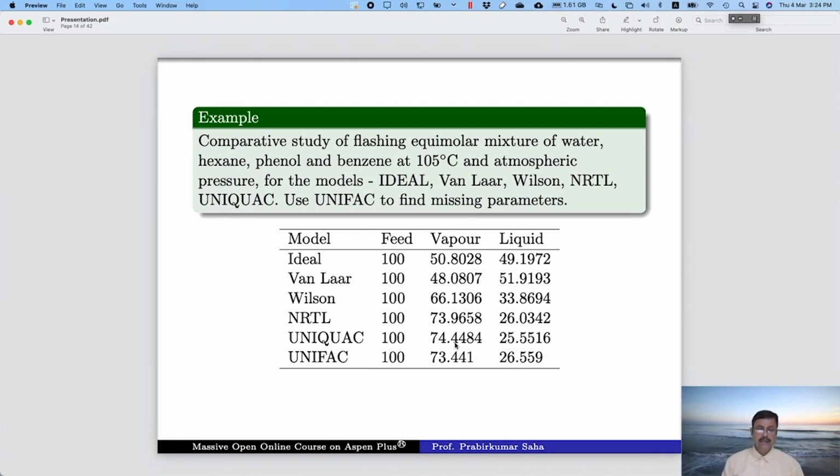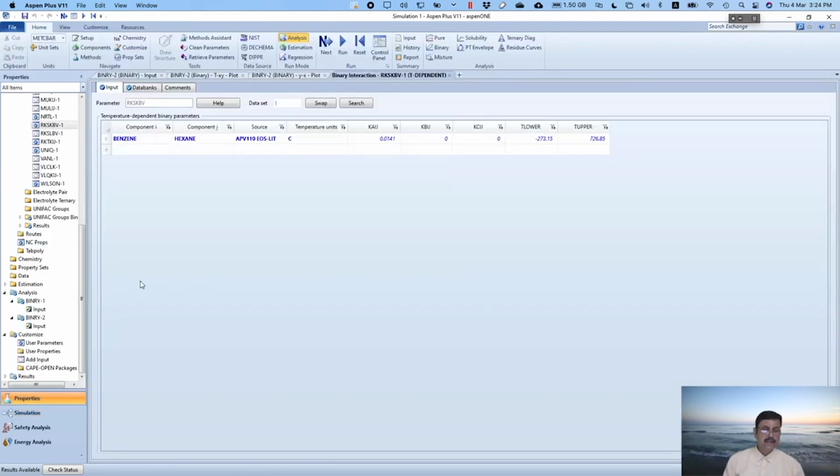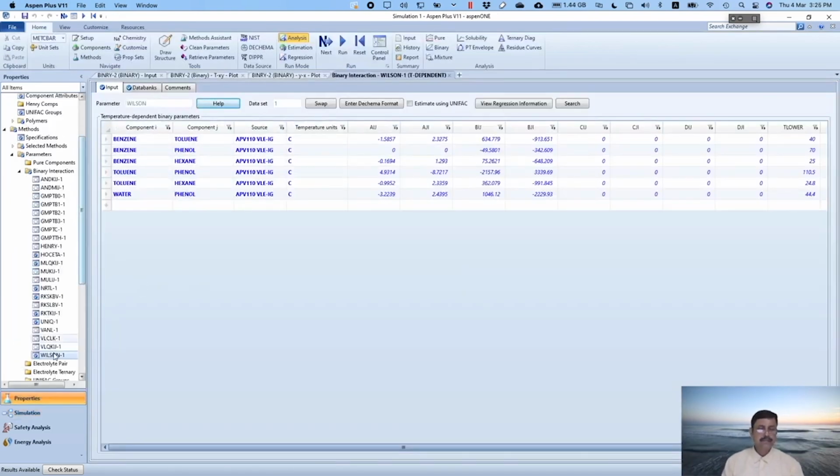Now, the second task, we have to use UNIFAC to find missing parameters. So, what are the missing parameters? You go back to property method and see the binary interaction between all the components. For instance, go to Wilson method. Now, here we have the temperature dependent binary parameter with water and phenol combination.